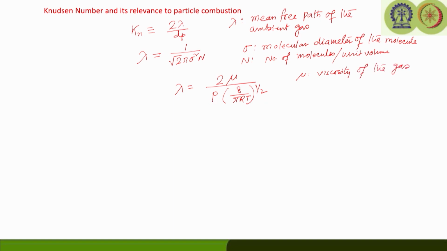So, we can say that Kn equal to 1 is a limiting regime for particle combustion.